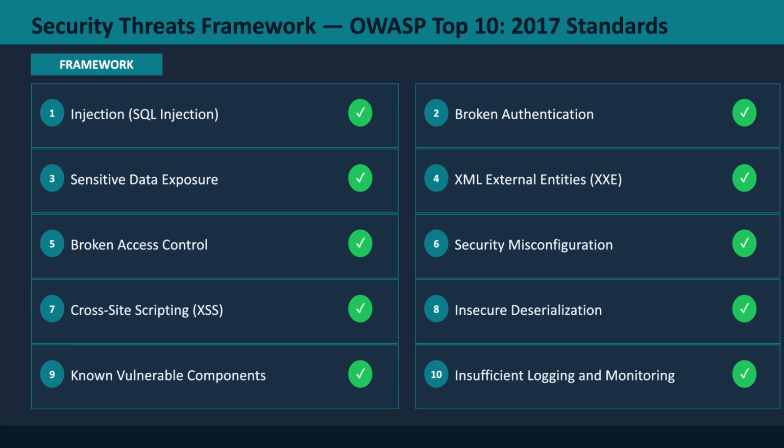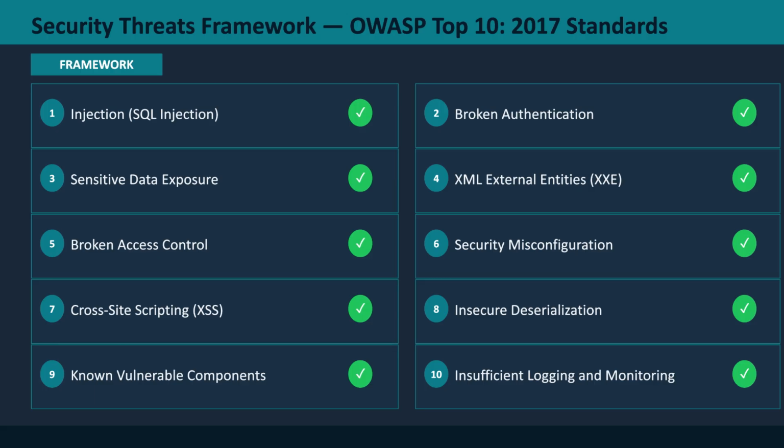The OWASP Top 10 is a consensus list of the most critical web application security risks. We evaluated our application against each of these. Today, I'm going to focus on the threats most relevant to campus applications, like injection attacks, cross-site scripting, broken authentication, sensitive data exposure, and access control issues.